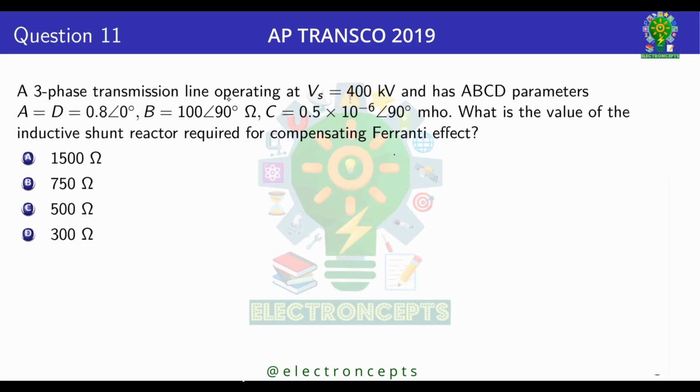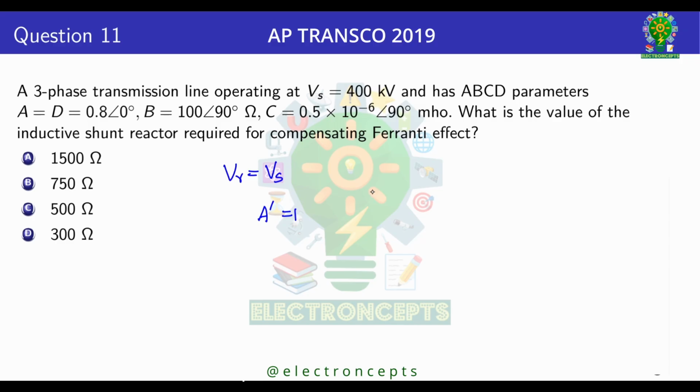Question number 11. A three-phase transmission line operating at sending end voltage 400 kV has ABCD parameters as follows. We need to find the inductive shunt reactor required for compensating the Ferranti effect. To compensate the Ferranti effect at no load, receiving end voltage VR must be equal to sending end voltage Vs, which means the modified generalized parameter A dash must be equal to 1.